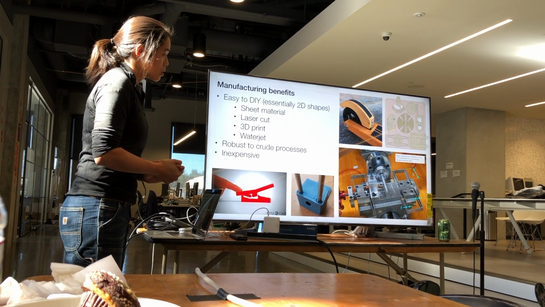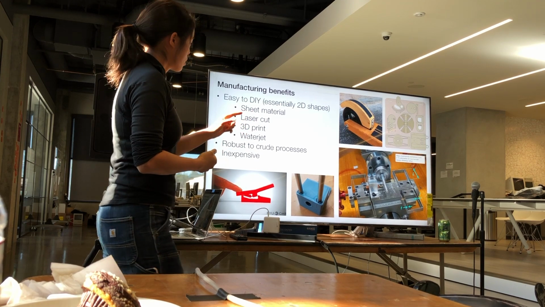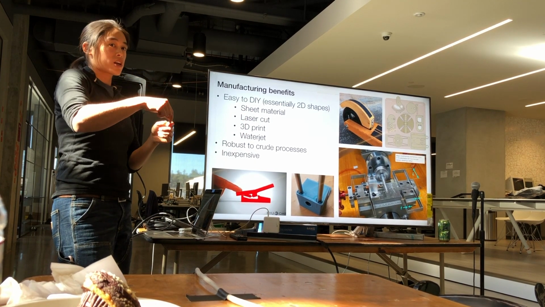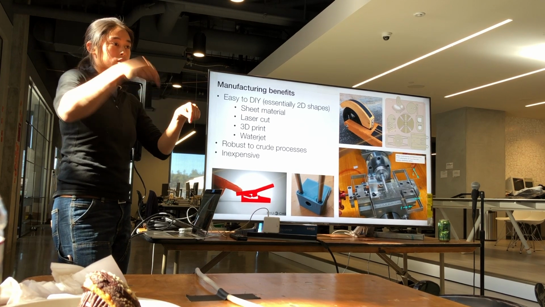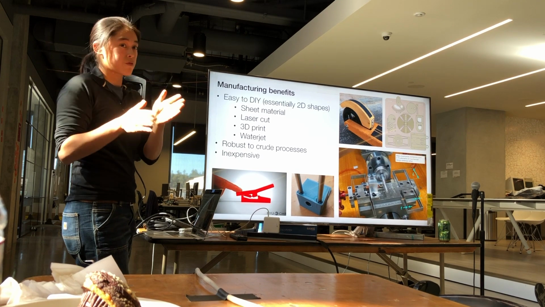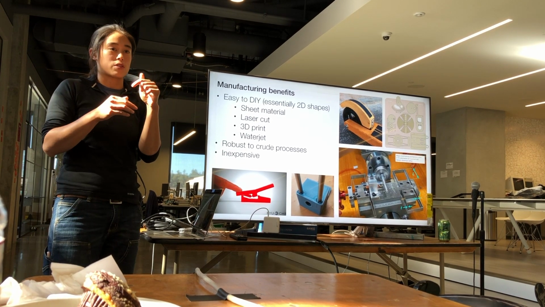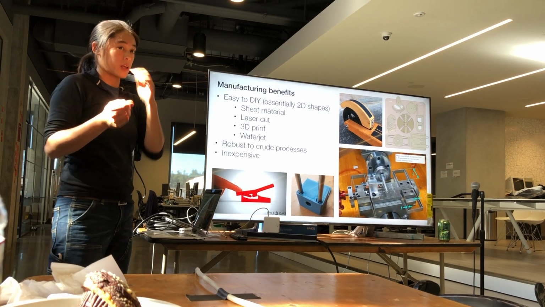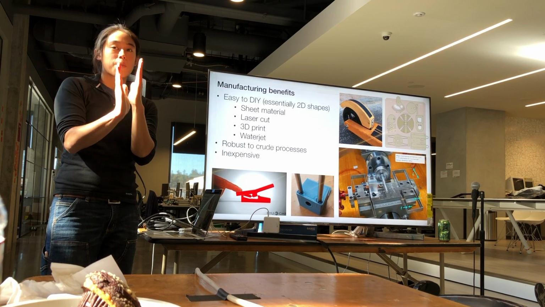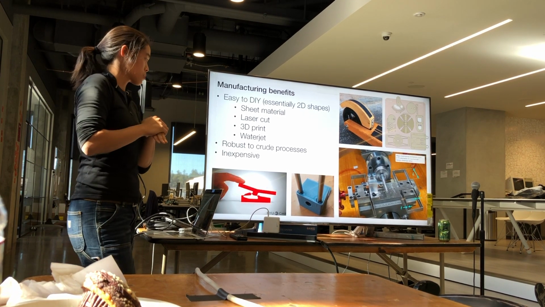Another way that they're robust is that for processes like all three of these, you get really high point-to-point accuracy feature-wise, but because of the kerf of the material, as you'll see with the laser cut parts that I'll hand out today, the cut edges of the parts are not perfectly perpendicular with the tops and bottoms.